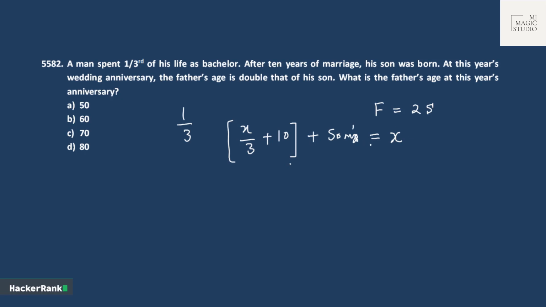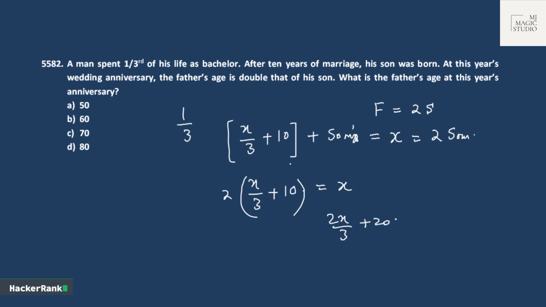And father's age today is twice of his son. This is 2 times the son's age. That means son's age is also x by 3 plus 10. 2 into x by 3 plus 10 is equal to x.